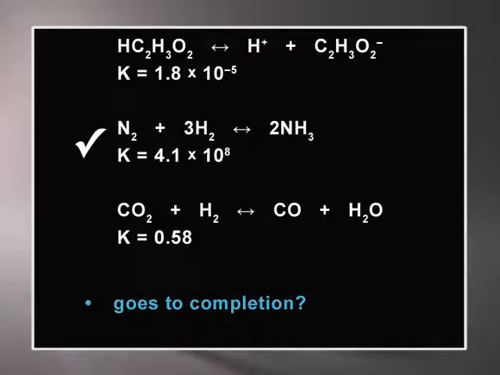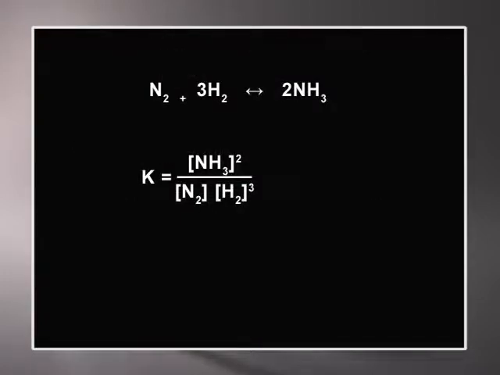Since this system has a very large value for its equilibrium constant, and since the equilibrium expression for that system would equal the concentration of ammonia squared divided by the product of the concentration of nitrogen times the concentration of hydrogen cubed, and since at equilibrium this expression has to be equal to 4.1 times 10 to the 8th, which is a big number, that means that given a fair shot, when I get to equilibrium, I'm going to have lots of ammonia.